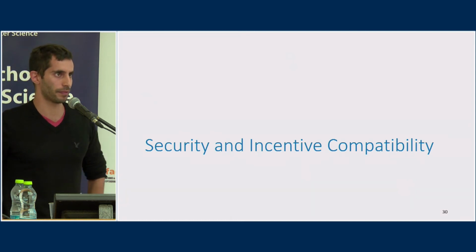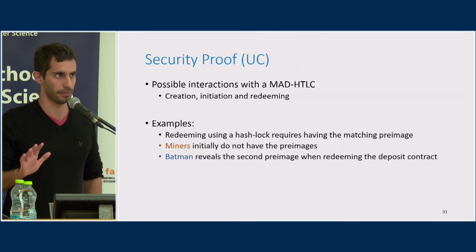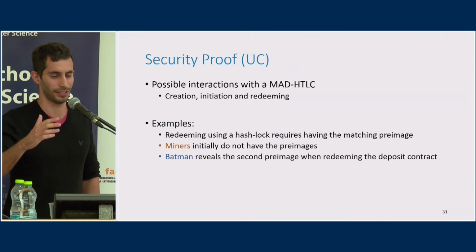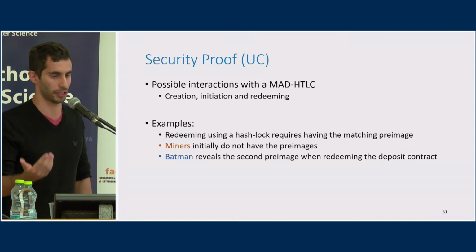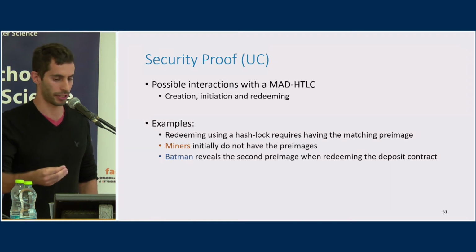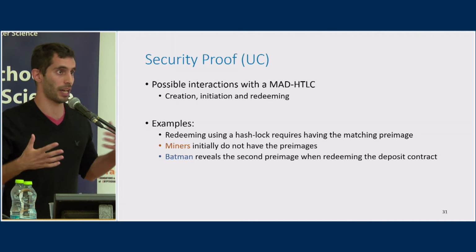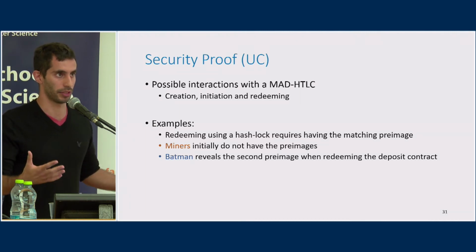So let's prove this is secure, right? We need to show this is secure and compatible. The first step is to define the desired interactions with such a contract. Specifically how you create it, how you initiate it on the blockchain, and how you redeem it. So we actually define how we want the parties to be able to interact with it.